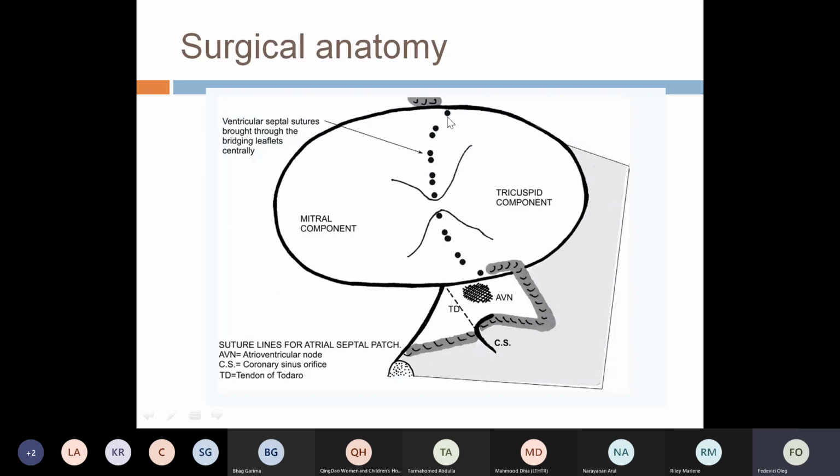So a bit of surgical anatomy. It's always tricky to find. It's better not to find the AV node for surgeon because you've got it almost in the same place as usual, but you haven't got inlet part of the septum, and that's why AV node displaced towards the coronary sinus.